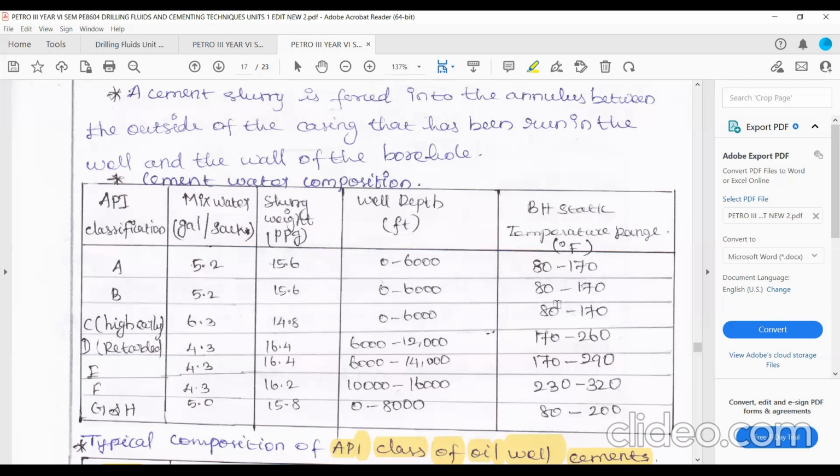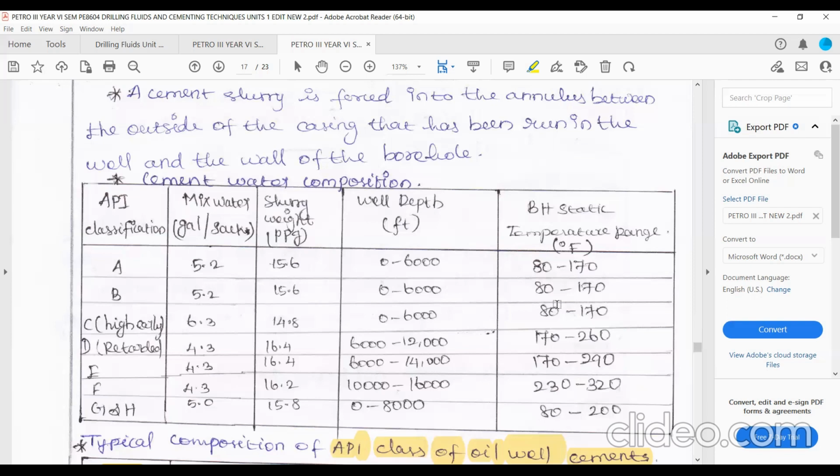Retarded means late. Class D cement, according to API, the American Petroleum Institute, has mixed water of 4.3, slurry density or slurry weight of 16.4, and a depth of 6,000 to 12,000. You see the depth range is differing, and the temperature range at that depth is also different.